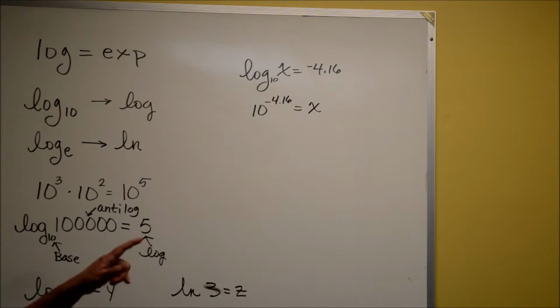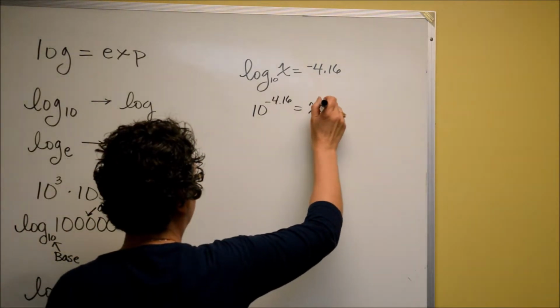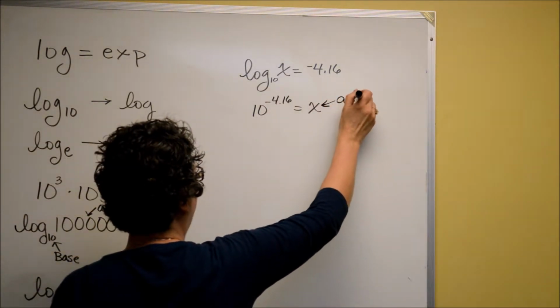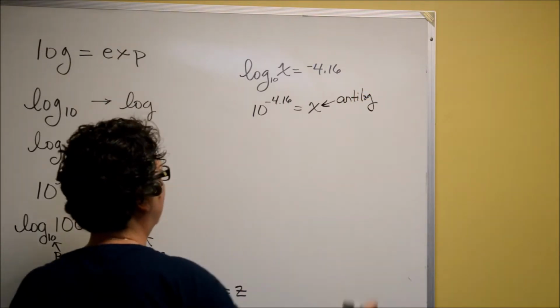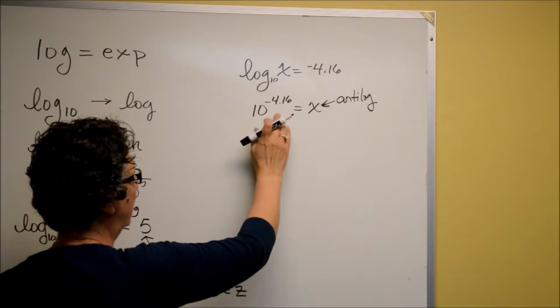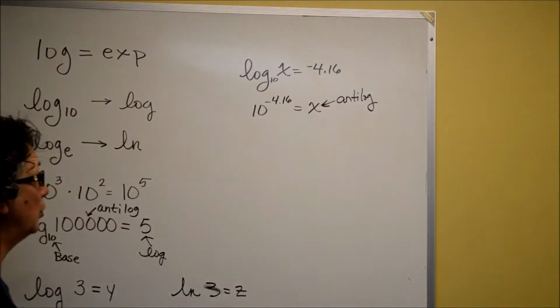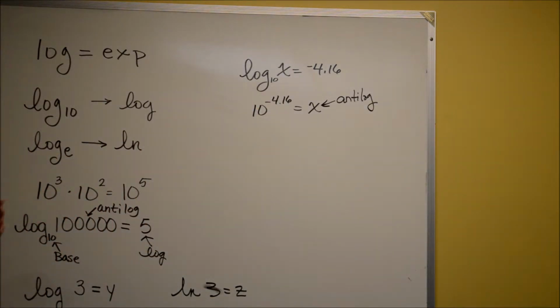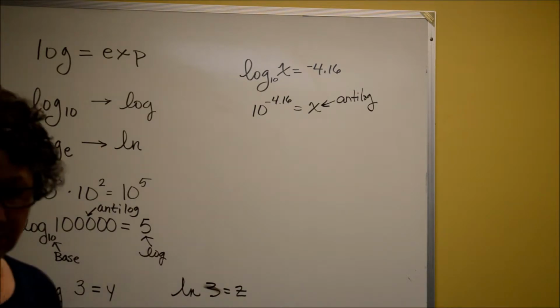And that's the antilog, which is what you're looking for. So on your calculator, you're going to put in 10, raise it to the negative 4.16 power, and that's your value for x.